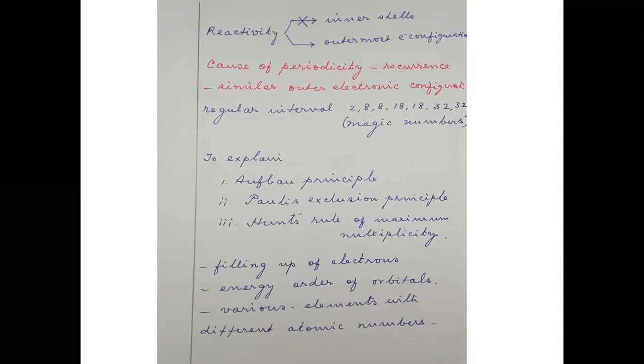Similarly here, when the electrons enter a set of orbitals of equal energy, orbitals with equal energy are called degenerate orbitals. Degeneracy. See, the degeneracy of a p orbital is 3, which means that the p orbital has 3 orbitals with equal energy or 3 orientations.